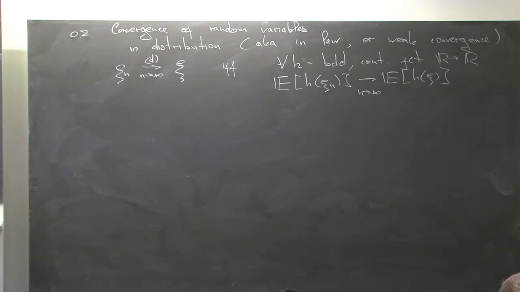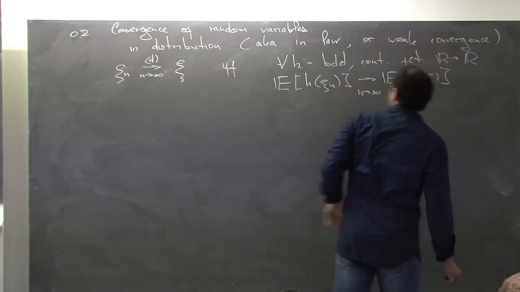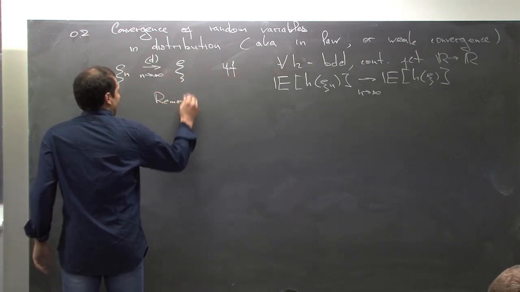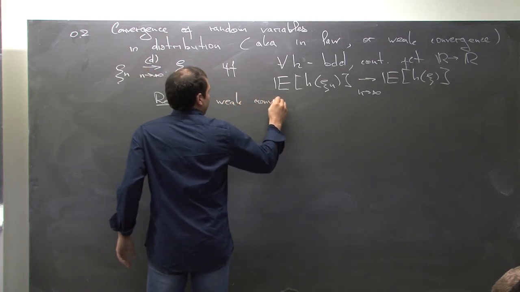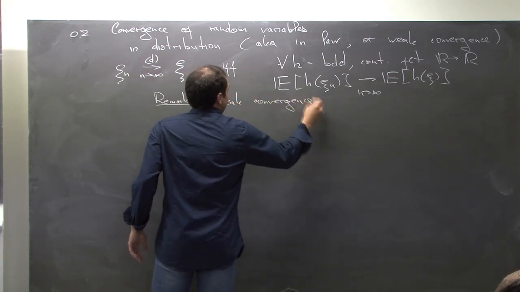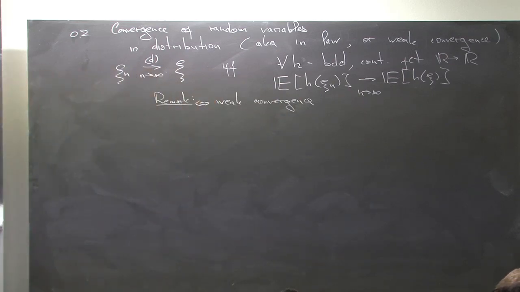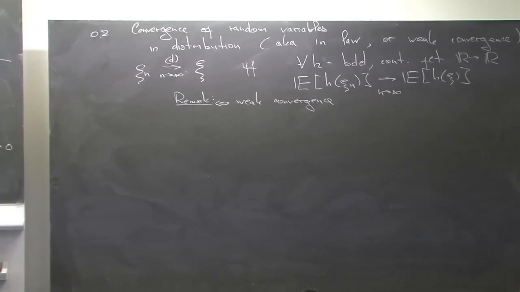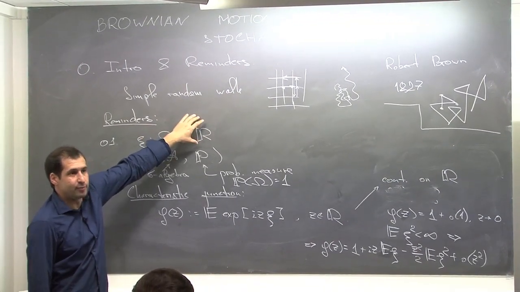Okay, so why the name weak convergence? This is equivalent to saying that the corresponding measures on the real line, which are just push forwards of measures here. So you take your probability measure here and you think what is the distribution of the values.